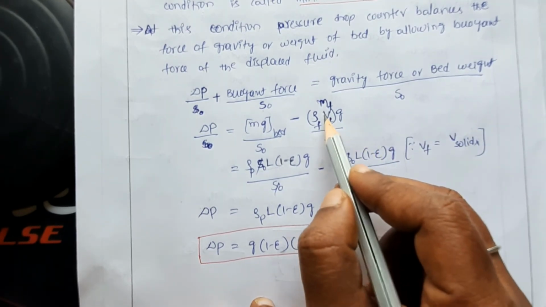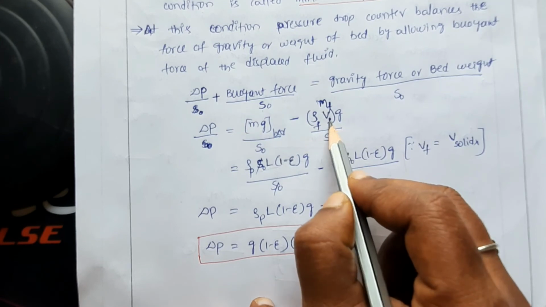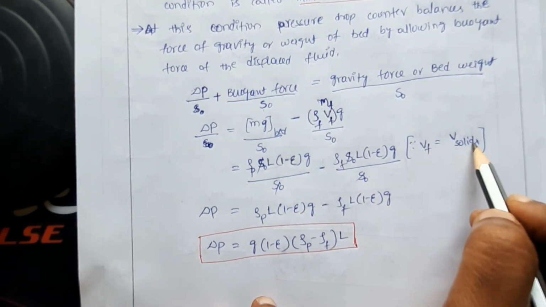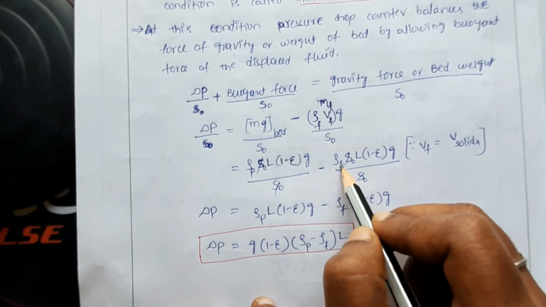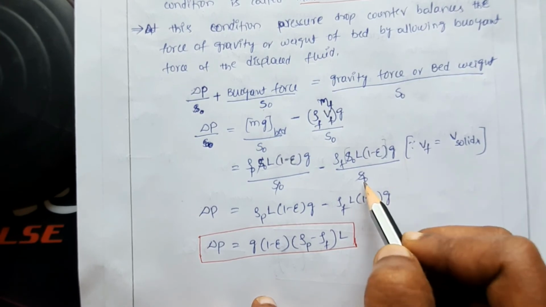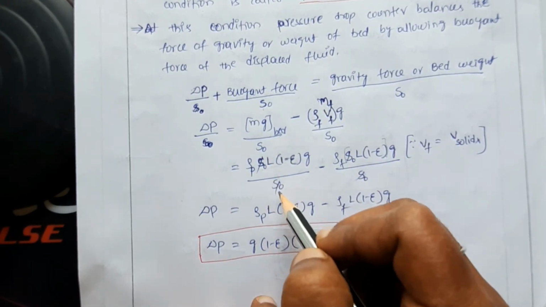Since we cannot measure how much fluid volume is displaced, it is measured in terms of the volume of the solids, that is Vf equals the volume of the solids. So density of the fluid times volume of the solids times g per unit cross section. Here the cross section will get cancelled.